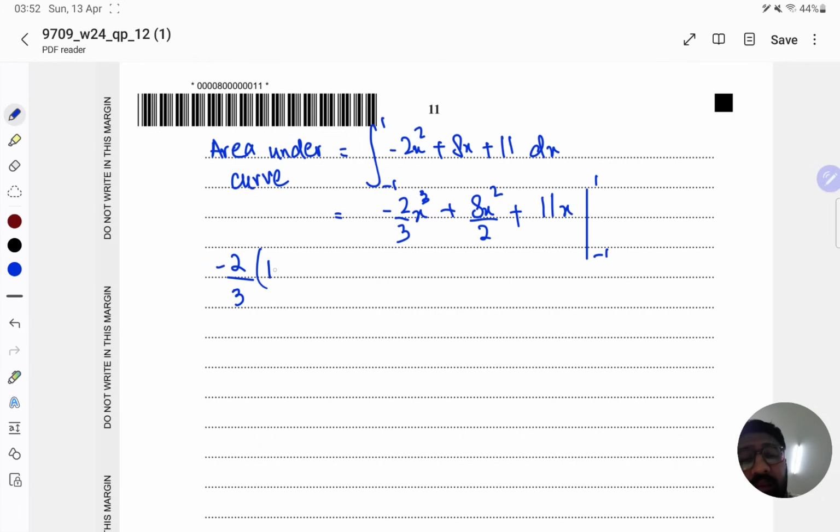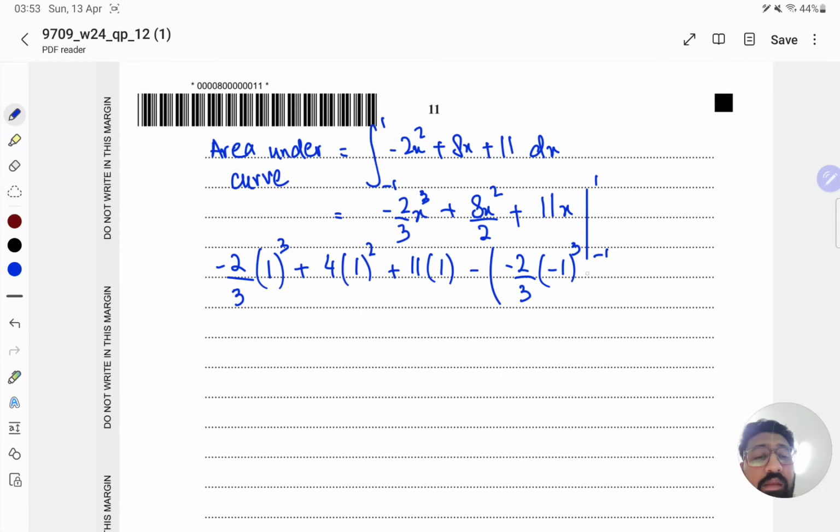Upper limit minus the lower limit, remember to put it in the bracket, 4 bracket minus 1 square plus 11 minus 1. So it will be minus 2 by 3 plus 4 plus 11.